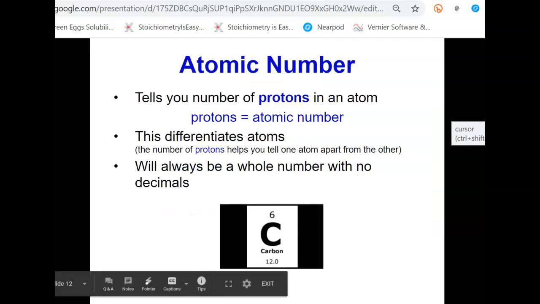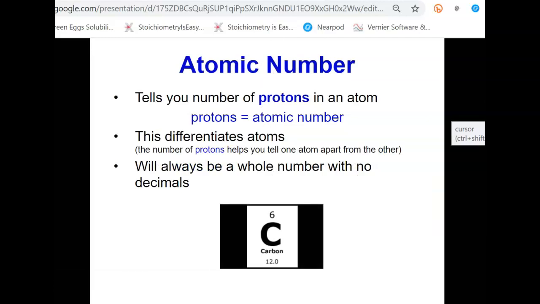Now let's also add to our notes that protons are found by looking at the periodic table and looking at the atomic number. When we are looking at the atomic number, we are literally talking about that whole number that is found on the periodic table.